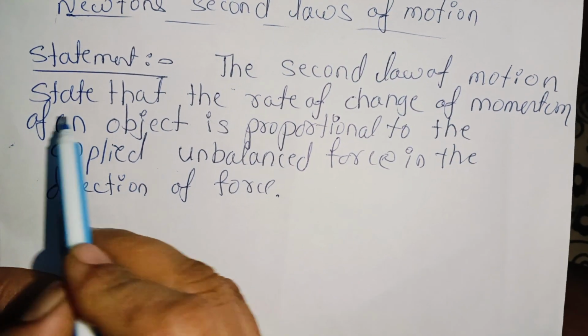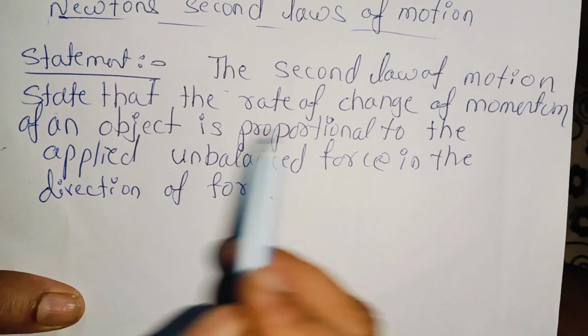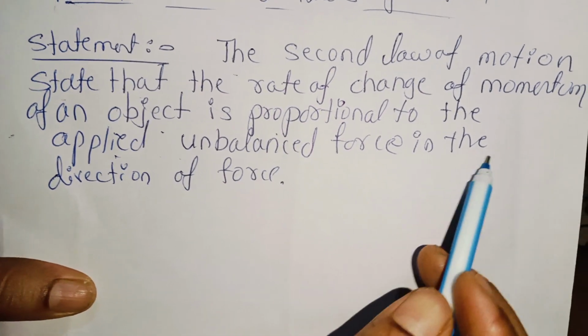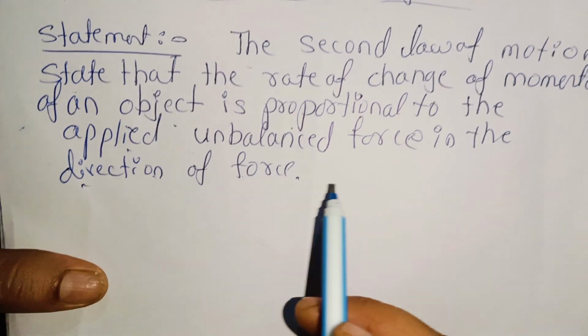The second law of motion states that the rate of change of momentum of an object is proportional to the applied unbalanced force in its direction.